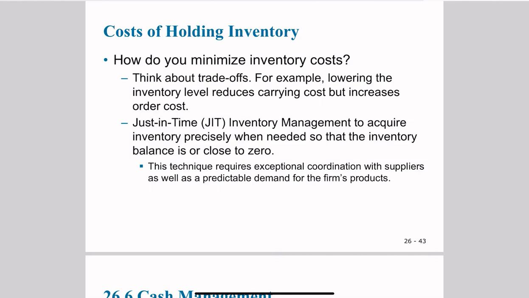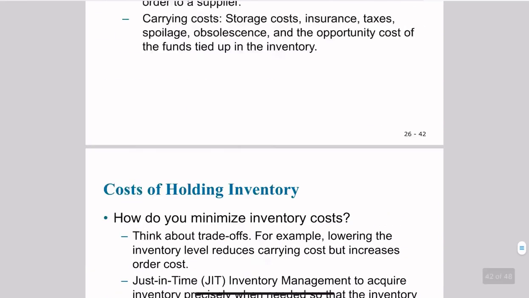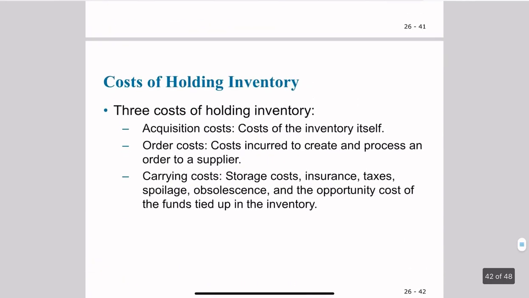And you also have to think about the trade-off between different inventory costs, right? So if you look at the costs we just mentioned here, you can see that order cost and carrying costs are negatively correlated.